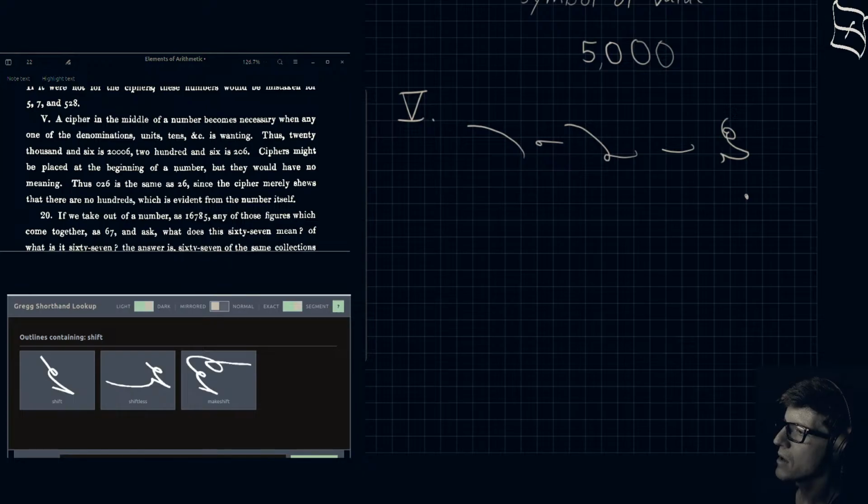Anytime a position possesses no value. Possesses, and we add another S after that. No value.